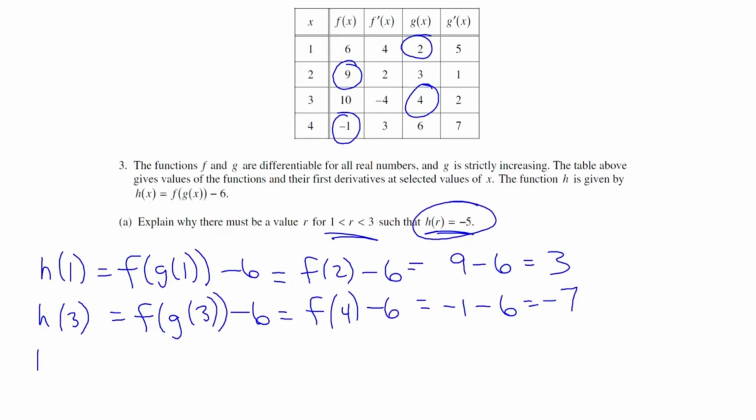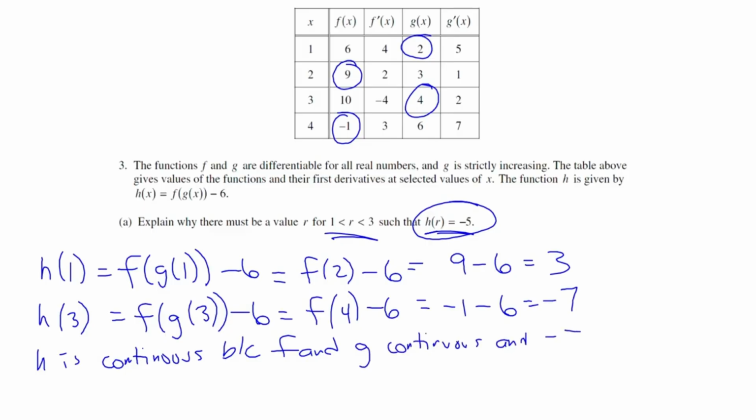So we'll note that h is continuous because f and g are continuous. And we'll also note that -7 is less than -5, which is less than 3, right?